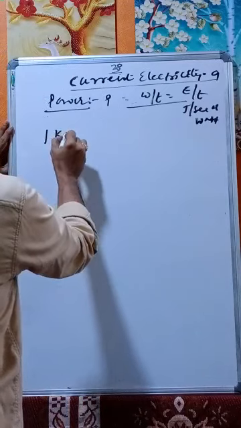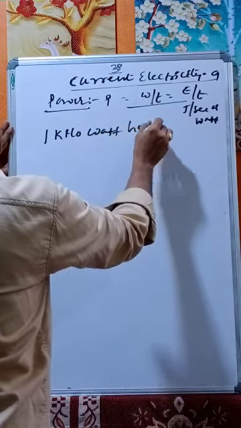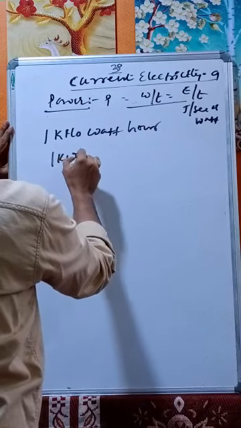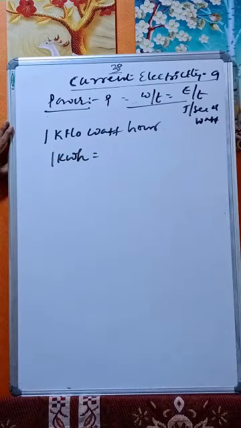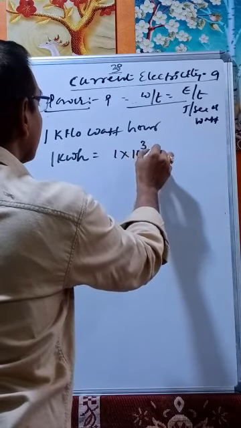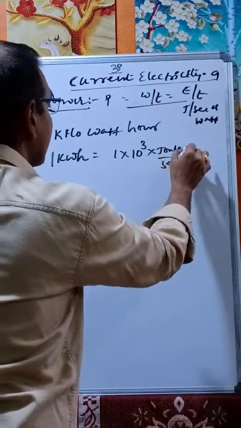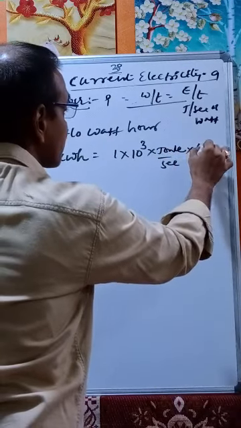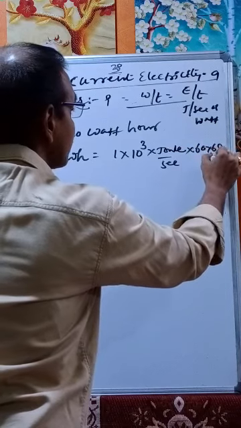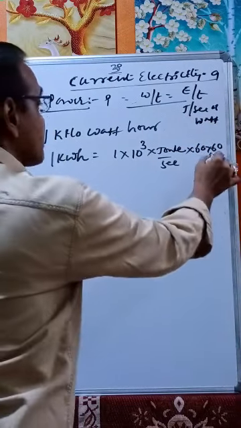Now 1 kilowatt hour, 1 kWh, we call it 1 kWh. That is equal to 1 into kilo, which means 10 power 3, watt, which means joule per second, and 1 hour is equal to 60 into 60 seconds.